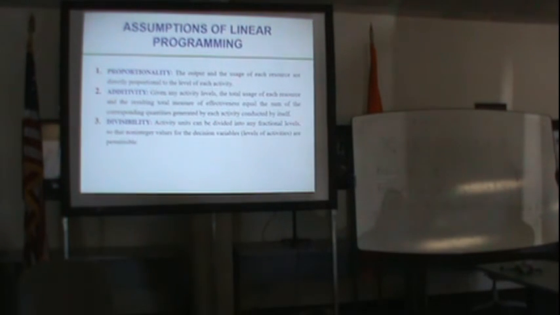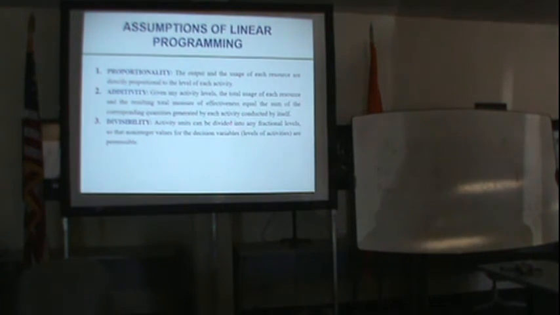So you can have an activity level at 100.50 kilograms. But if the activity level were to make automobiles, you cannot make 100.50 automobiles. So in that case, that will not be a linear problem because the divisibility assumption will be violated.